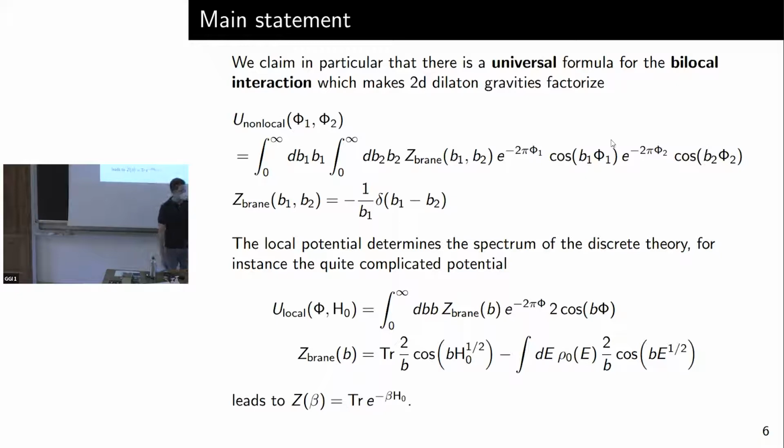But the more physical way of thinking about it is just do the B integrals, and you get some sort of potential that depends on phi at one location and phi at another location that is symmetric in those two locations. And that would be like a standard non-local interaction you could add to your theory. The local potential I will decompose in a similar basis, and I'll explain what that basis means.